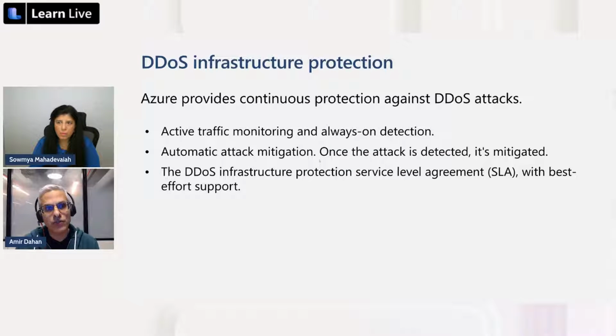It monitors traffic always on and detects attacks automatically. And when an attack is detected, it kicks in mitigation automatically as well. The detection and mitigation is something we do as part of our infrastructure protection for all resources in Azure, and those are done automatically.